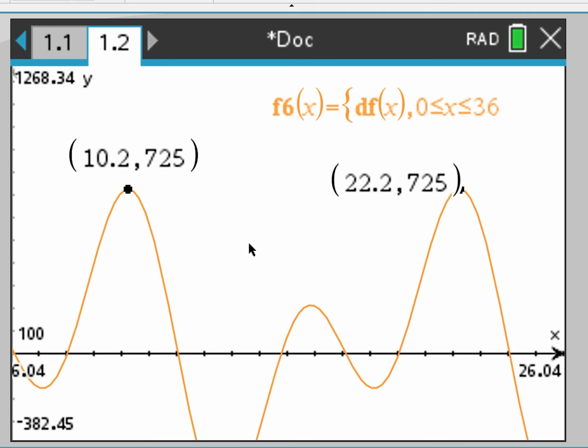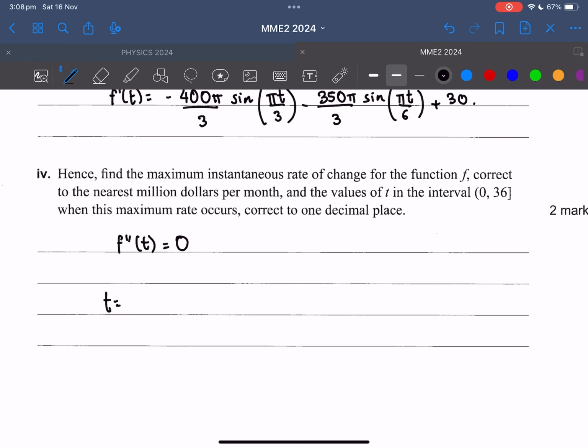Okay, even better, we do not even have to substitute these values in to find the exact coordinates, the exact maximum rate of change. We can just use 10.2 and 725, call it a day. Yeah, that just made this question a whole lot easier. So t is equal to 10.2, t is equal to 22.2, and t is equal to, what was the last value? 34.2.